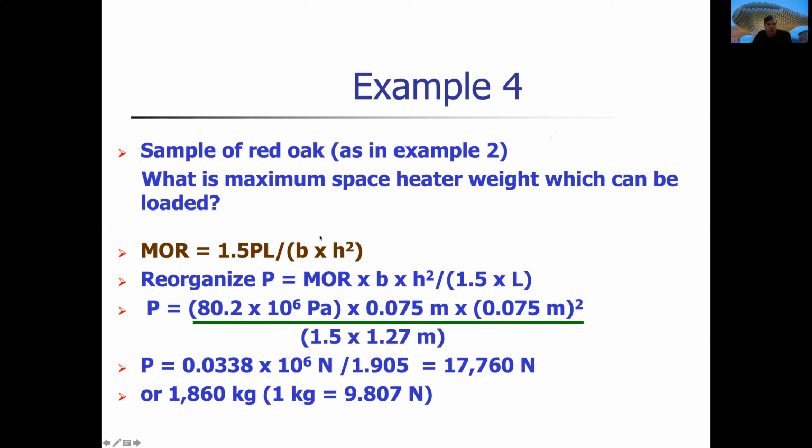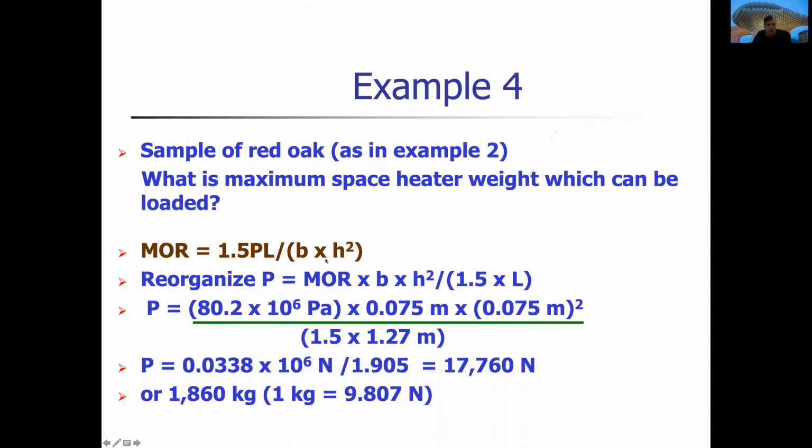And well, we just need to reorganize the formula and take P out of the formula. If we take P out, it will be like 1.5, and L, that were two elements that were multiplying, now will be dividing, and the rest will be the same. And well, we can work with this particular formula.